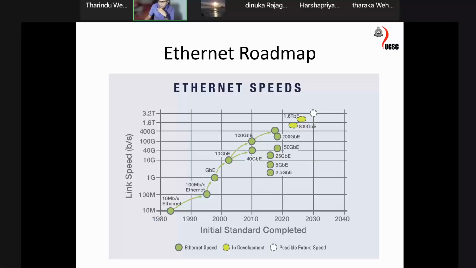Then around 2002 and 2003, I guess, we got 10 gigabit Ethernet. Mostly these 10 gigabit links are used by data centers or server applications. Clients usually use 100 Mbps or 1 gigabit for desktops and workstations, but servers, network cards, and switches were upgraded to 10 gigabit.